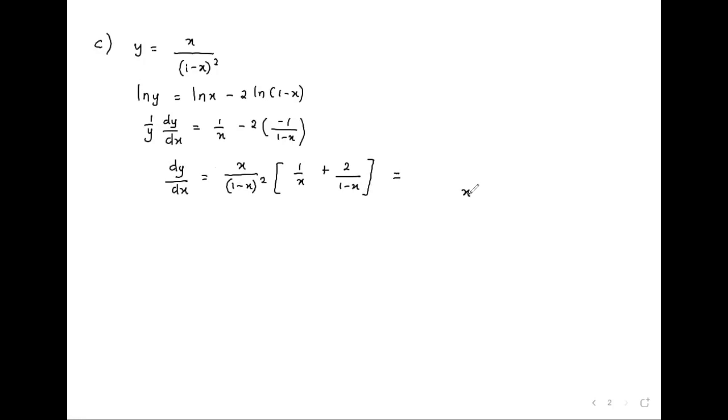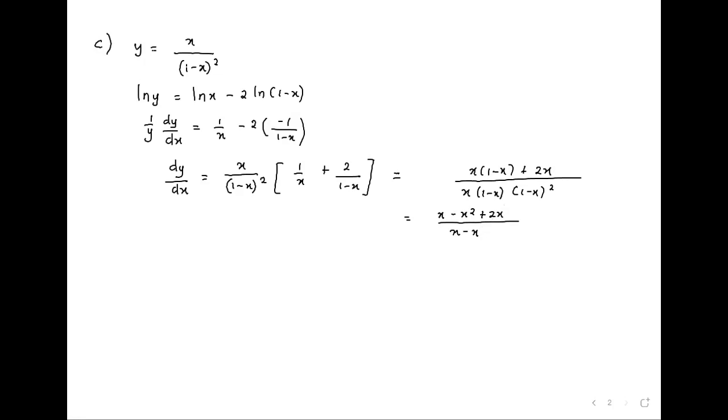So we have x 1 minus x multiplied by 1 minus x squared. So we get on top there x 1 minus x plus 2x. This can be simplified further to give us x minus x squared plus 2x over x minus x squared.